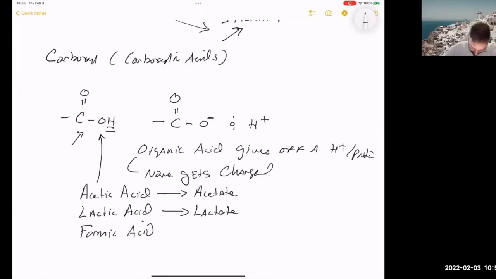When methanol gets metabolized, it can get turned into formic acid. When formic acid gives off a hydrogen ion, it becomes formate. So when organic acids do what acids do, their names get changed to -ate: acetic acid, acetate; lactic acid, lactate; formic acid, formate, and so on. That's a carboxyl group.